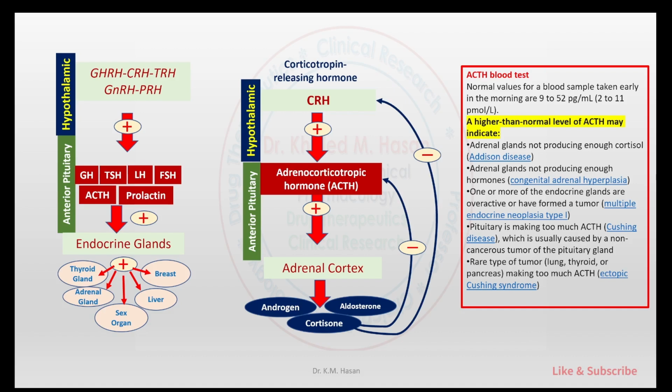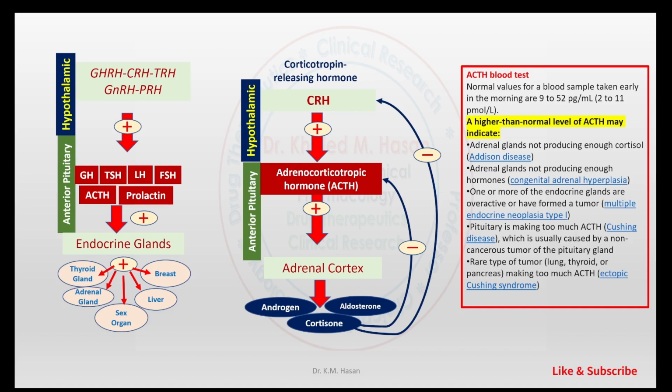Again, we use ACTH normally for diagnostic purposes. As you can see on this chart, you can see the ACTH blood test. We have a normal value. What happens if the ACTH is high? When we have ACTH at a high level, this may indicate Addison disease.